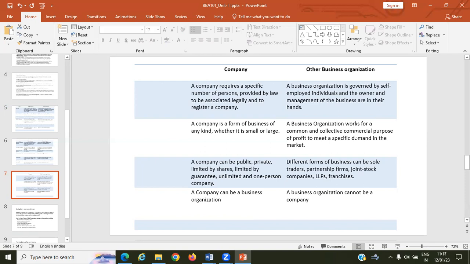A company may be small or large, but this is a form of business. A business organization works for a common and collective commercial purpose of profit to meet specific demand in the market. Not necessarily are business organizations companies, but companies are business organizations.